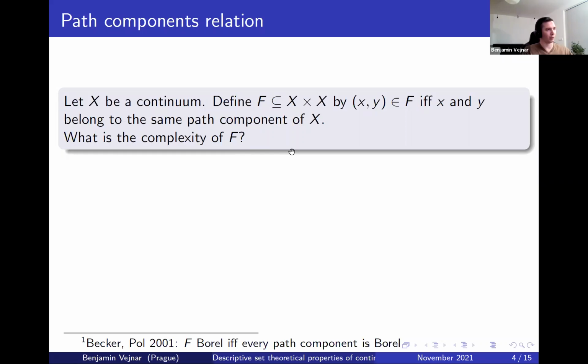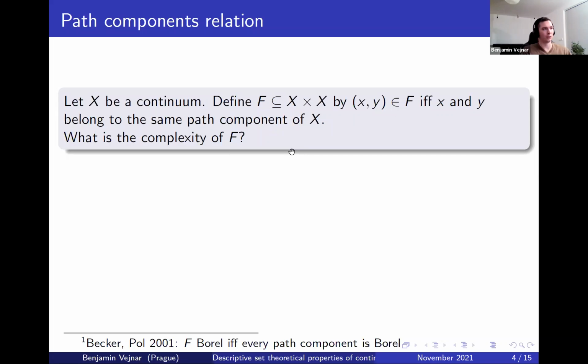Well, this is actually much more complicated than the previous one. Note that yesterday we proved that a path component is analytic, but we noted that in general it needs not to be Borel.